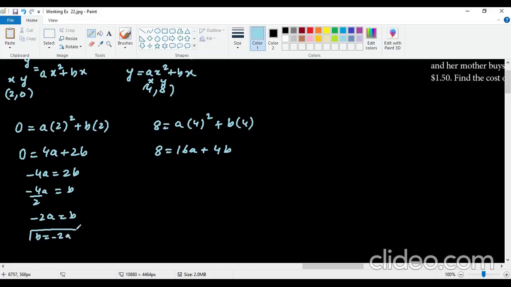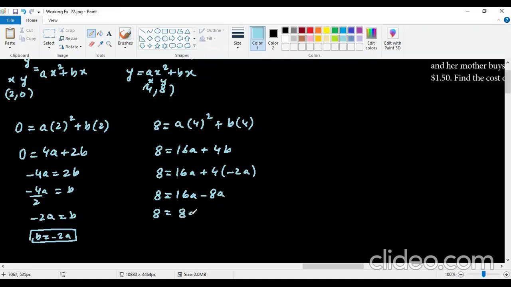We will replace this over here, substitution. 8 equals 16a plus 4, and this is minus 2a. So 8 equals 16a minus 8, and 16 will be equal to 8a.